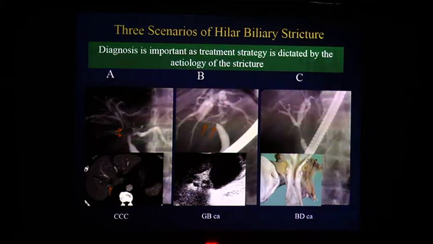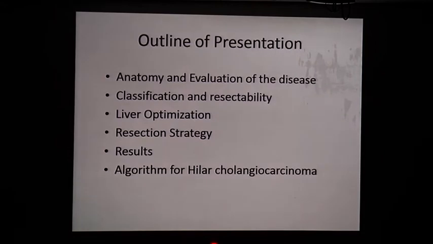I'm not going into further details of what it entails to differentiate between these, but just to say that it is important and we need to make all efforts, and we'll come to some of this during the discussion. So in this discussion, what I want to show is the anatomy in this region, and based on that, what evaluation we need to do.